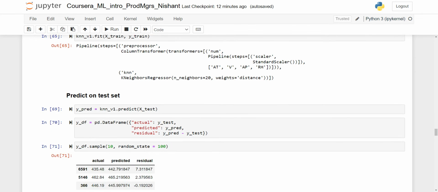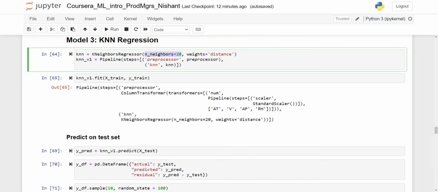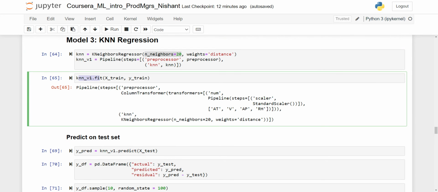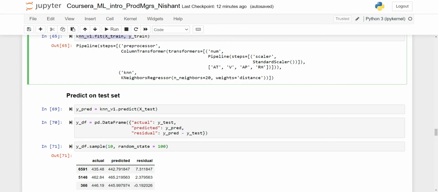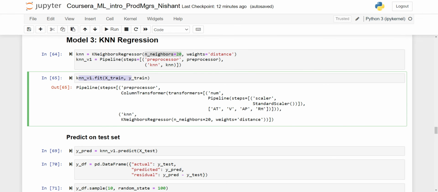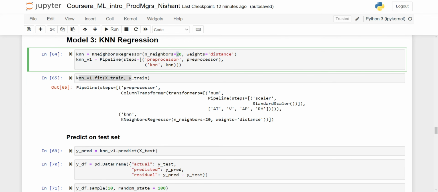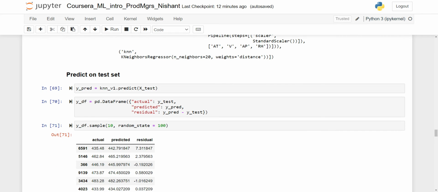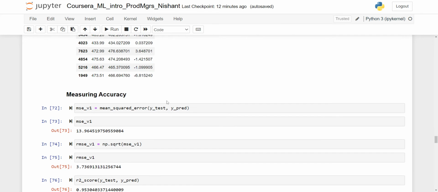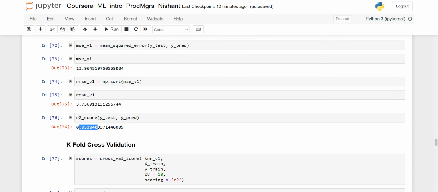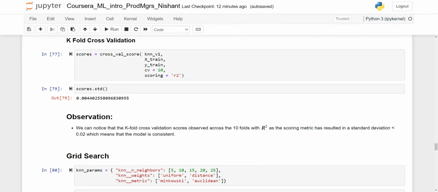Similarly, I created the KNN pipeline, and tested initially with the number of neighbors as 20 and weights as distance. I received the result of 95.34, and I did k-fold cross validation, and received a pretty good standard deviation across all the 10 k-folds.